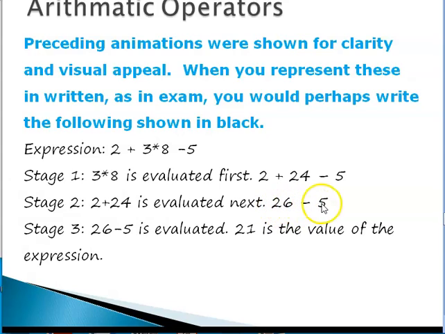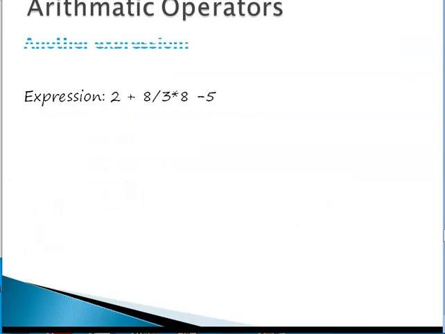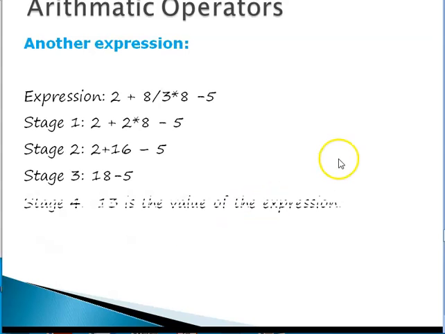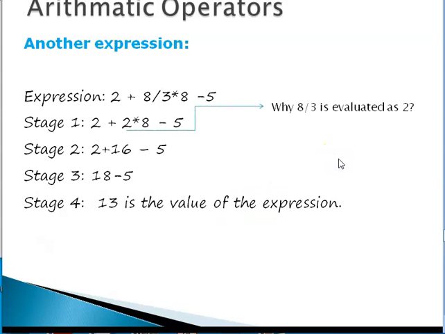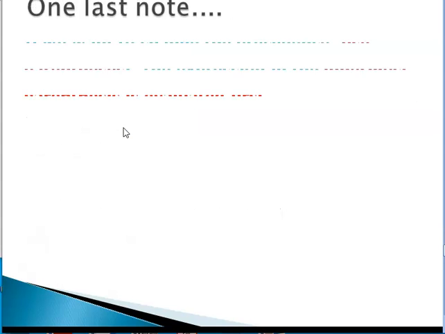Then 26 minus 5 is evaluated, and 21 is the value of the expression. So when you write in an examination, you would write what is shown in black. Similarly, this is another example showing arithmetic operators. Carefully notice 8 by 3 is evaluated as 2 because the fractional part is truncated.